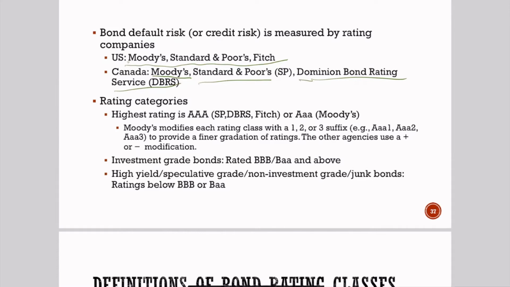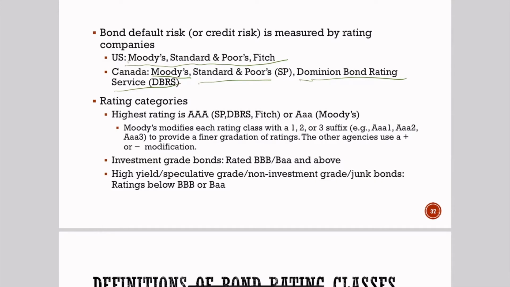And to give you finer information, there is a modifier after a bond rating. For example, if a firm is AAA, it could have AAA1, AAA2, AAA3, which means AAA1 is the best among AAA firms, and AAA3 is the worst among AAA firms.